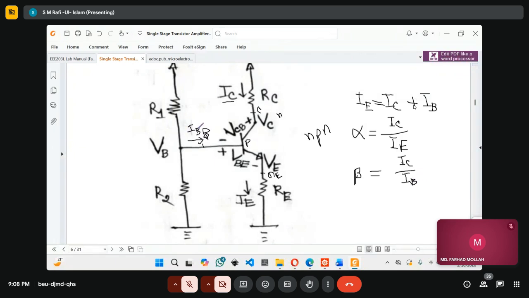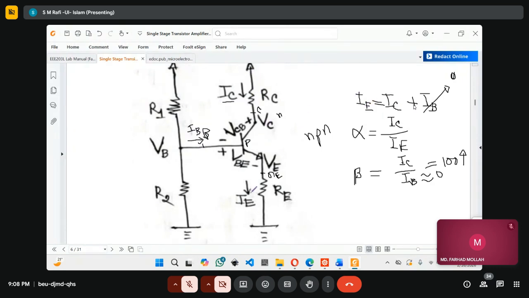As I mentioned earlier, IB is very small, almost close to 0 in some cases. That means some value divided by a very small value, so it will be a big number, generally around 100 or even higher. If IB is really negligible, close to 0 but not exactly 0, what is the relation between IE and IC?